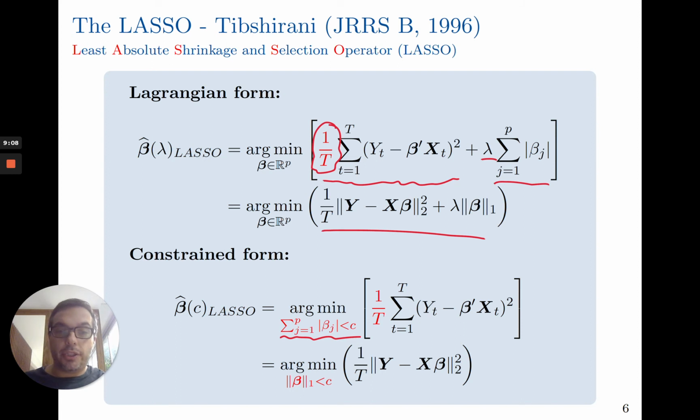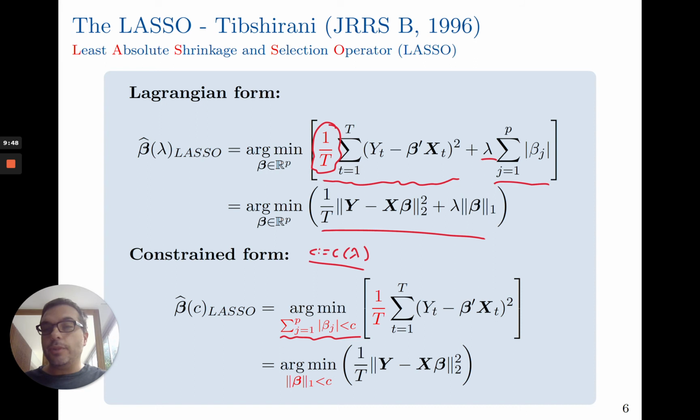And there is a relation to C. In fact, this C is C of lambda. It's not a closed form solution that we can derive, but they are related. For all constraint problems, there will be a lambda that will solve the Lagrangian problem that will give the exact same solution. So they are totally equivalent. You can think about lambda exactly as the Lagrangian multiplier of this constraint form.